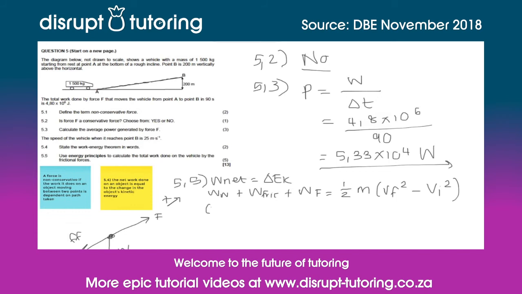We've got mg, the force of weight, and then we need the distance it travels, which is the perpendicular distance to the ground, because the weight is acting downwards, in the direction of the force. Final distance minus initial distance is 200 minus 0. But the weight is acting downwards, so it's doing negative work.